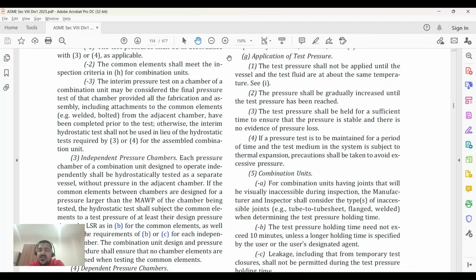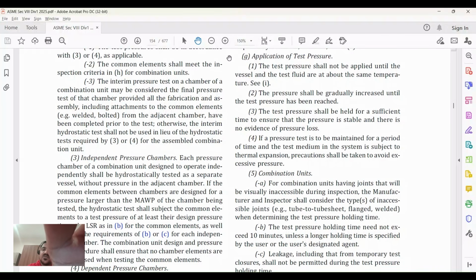So, just to avoid a false start point of the test pressure, we should wait till the pressure gets stable across the system and we see there is no significant difference between two pressure gauges, generally one at the top and one at the bottom. Of course, the static head pressure difference we can consider.